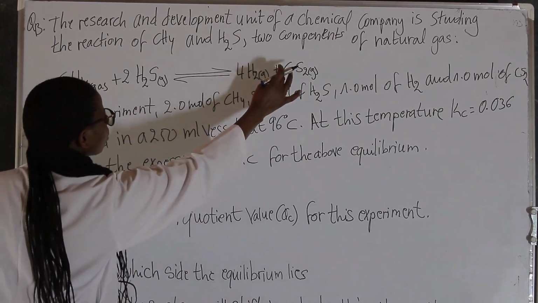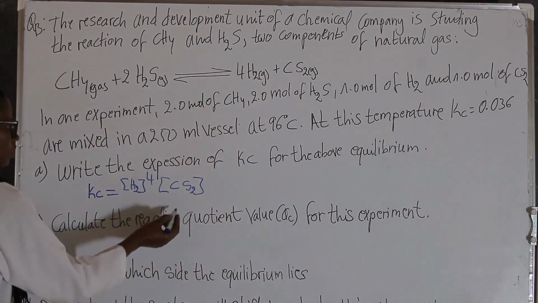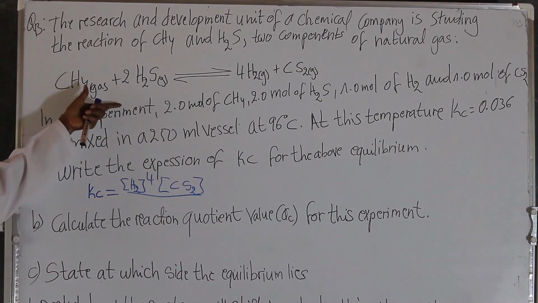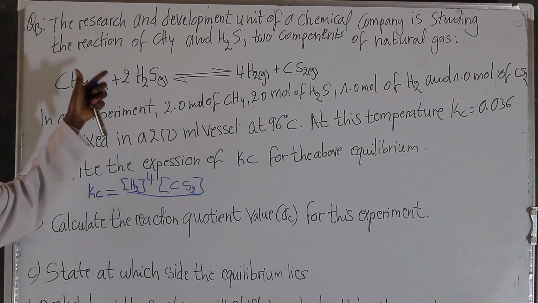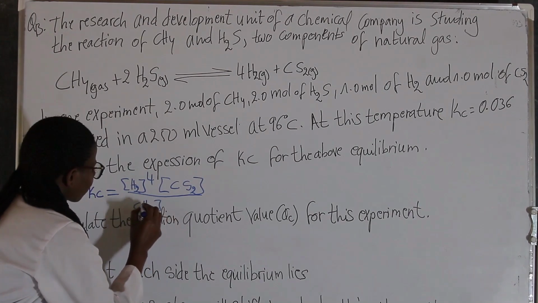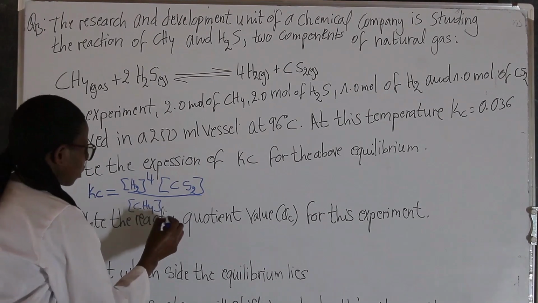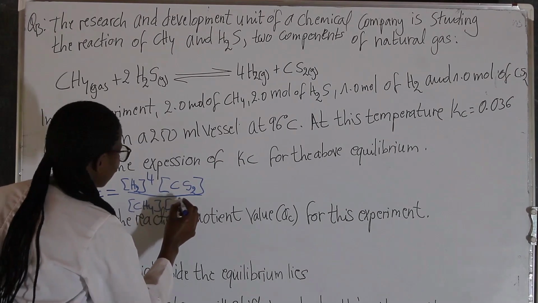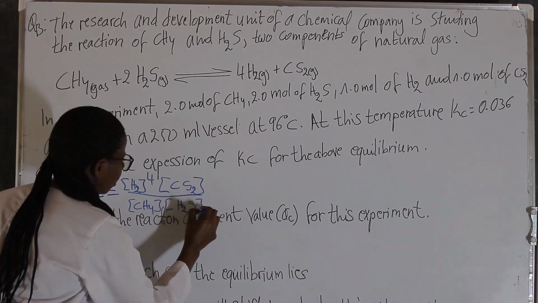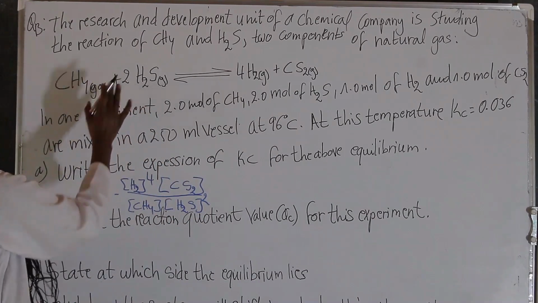Here it is power 1 because there is 1 in this equation, right? Then over the product of concentration of reactants, which is CH4 times H2S to the power 2 because we have 2.